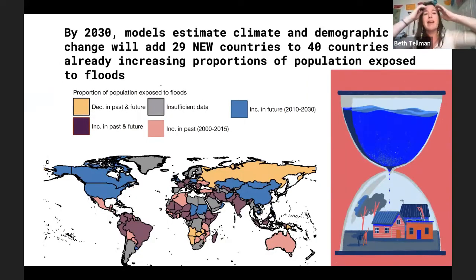If we think about what's going to happen in a future climate, we have to use models here because we haven't observed it, obviously. So there's lots of uncertainty with these estimates. But we find another shocking result, which is that places like the United States and much of Europe, whose policies in the past may have been able to mitigate some population growth in the floodplain, won't be able to do that anymore because the floodplain will probably expand so much in a changing climate that that trend is going to flip.